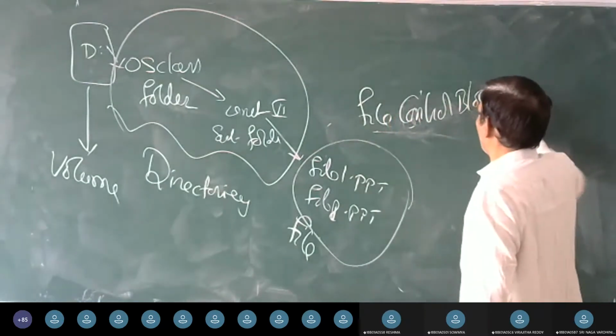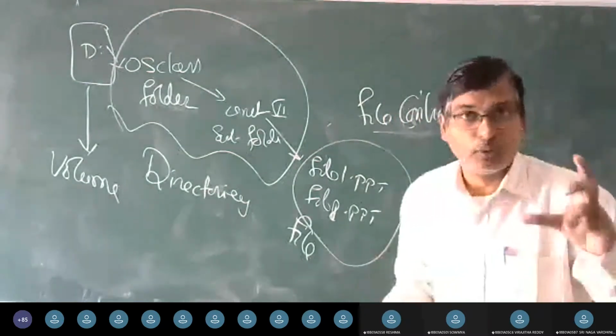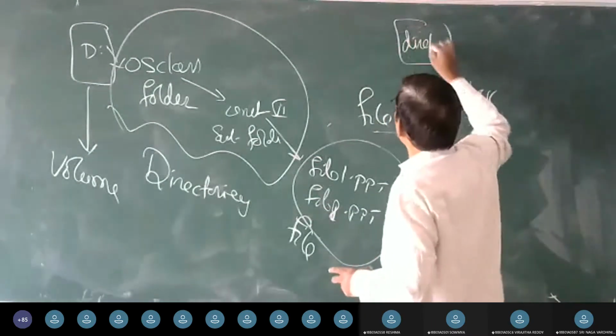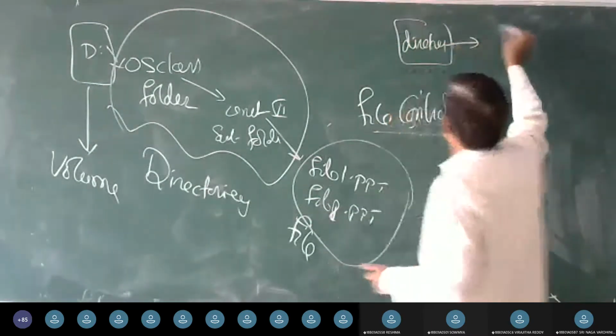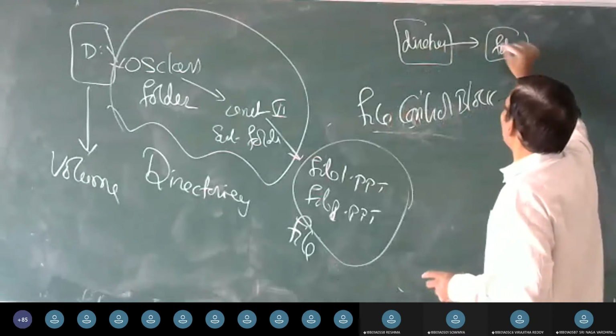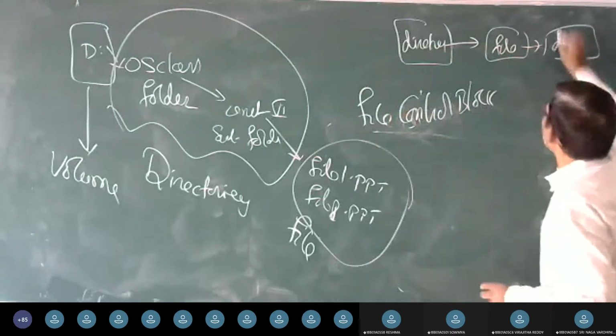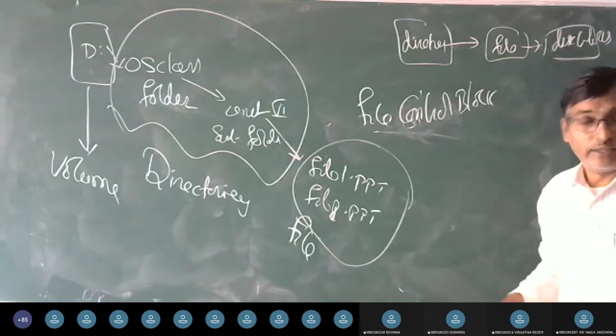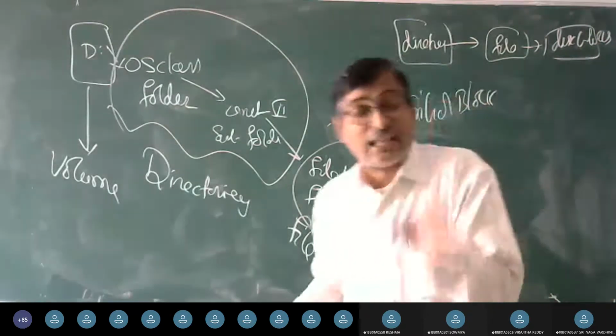So how is the CPU relating? The CPU is relating with directories, and this directory is going to link to a file. A file is going to have some disk blocks. This is the granularity we have to understand.